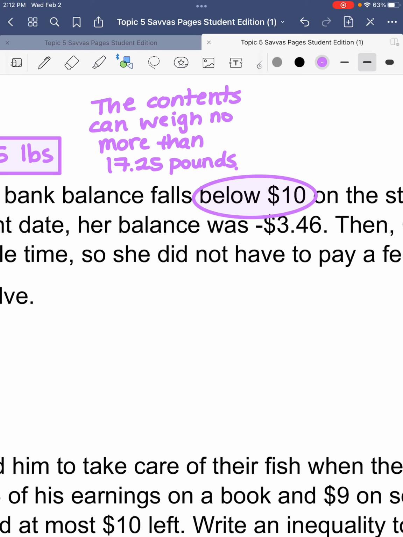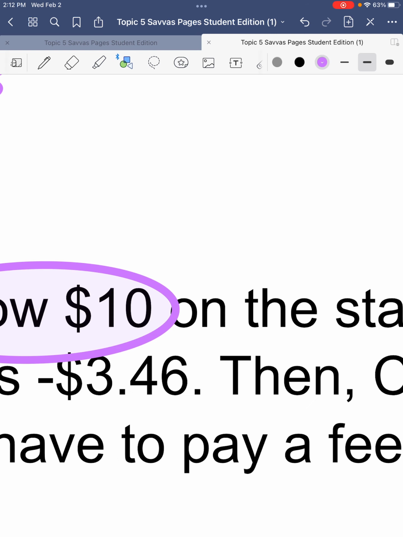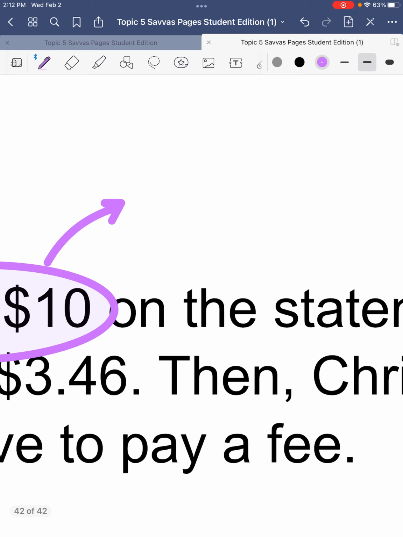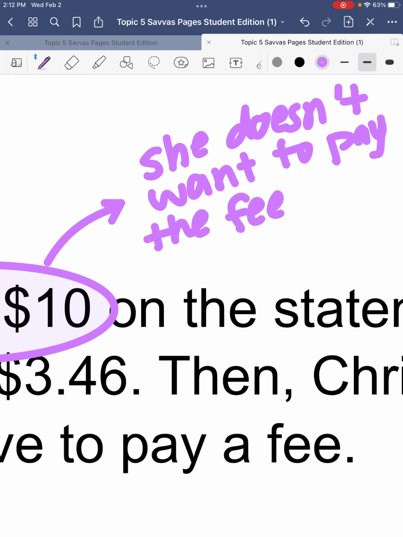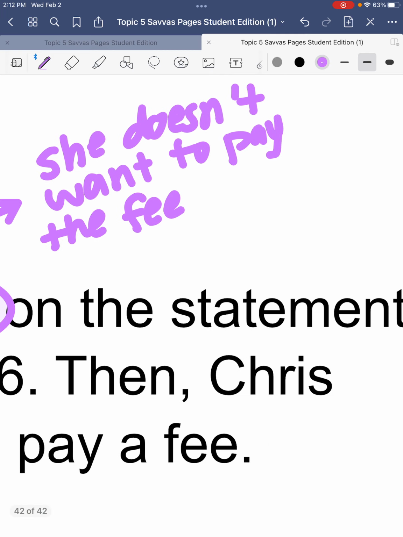Okay, now I don't know about y'all. I don't know if you are familiar with fees, but I personally don't like paying fees if I don't have to. So I'm assuming she's the same way. So she doesn't want to pay the fee. So if she does not want to pay the fee, she needs $10 to be the minimum.